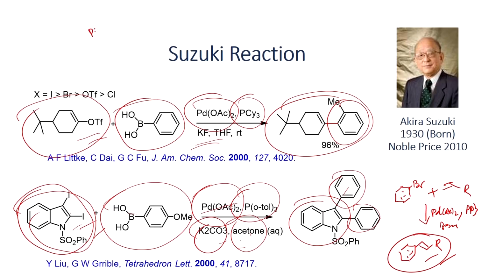As we have just seen, here also palladium 0 is involved, and palladium 2 is reduced to palladium 0 in the reaction medium. Once we have this one, as we have just seen, it can undergo oxidative addition with the aryl halide. Let me write it as aryl bromide; the oxidative addition can give this palladium 2 intermediate.